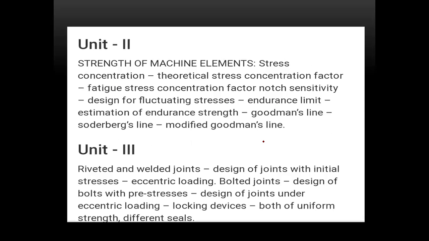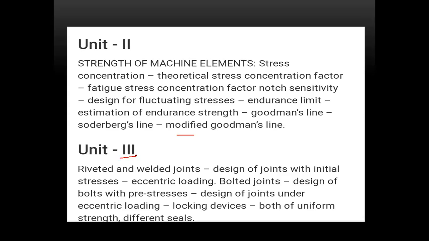Coming to unit 2, we have the strength of machine elements. What is the strength of any machine element, and also the various types of fatigue, various types of fluctuating stresses, endurance limit, estimation of endurance strength. We have some derivations.